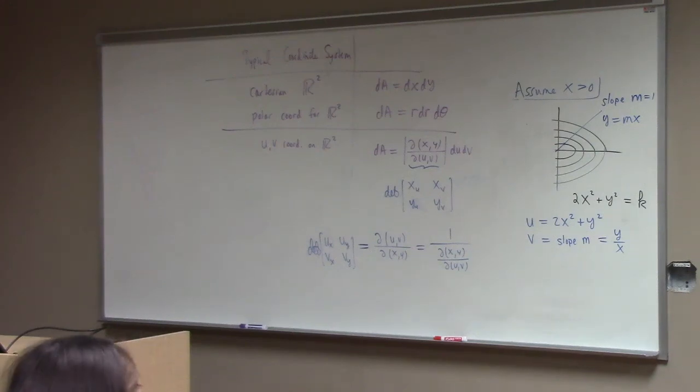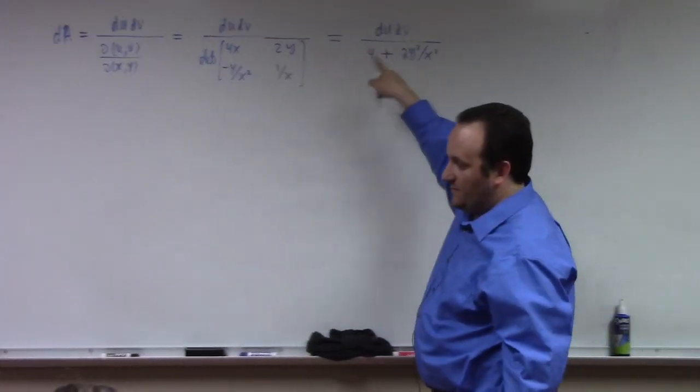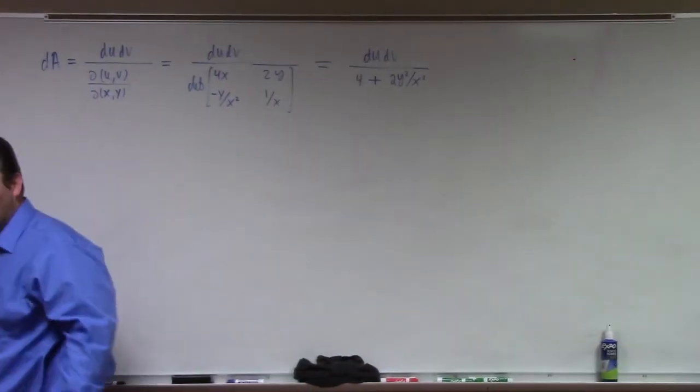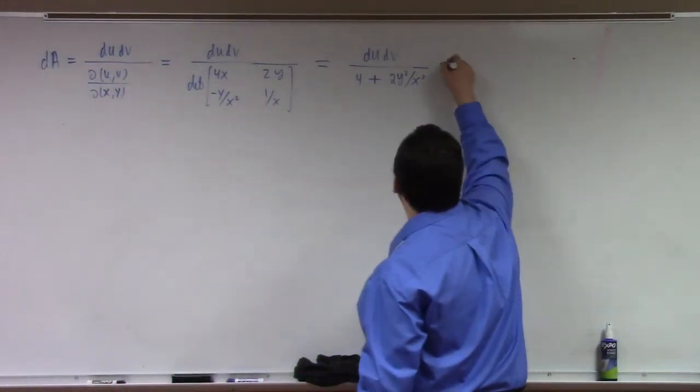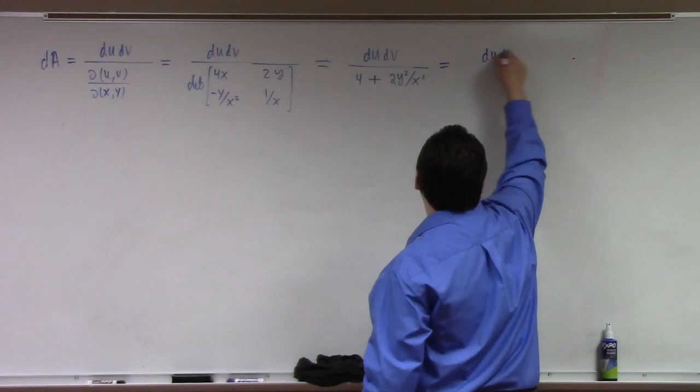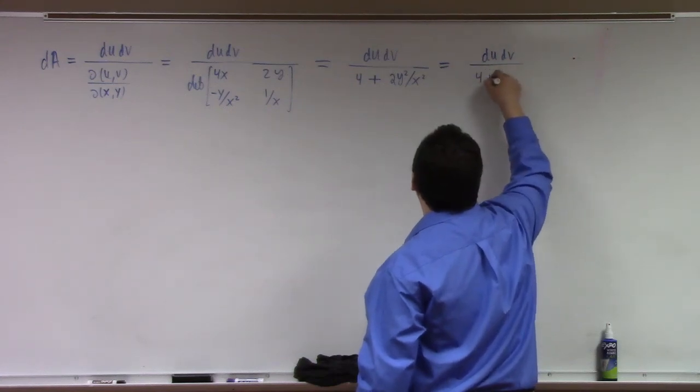Now here's a larger criticism: we'd like a formula just in terms of the uv coordinates, right? So this y and x are out of place. Can you tell me how to rewrite this? Yeah, that's just v squared, right? So this is actually du dv over 4 plus 2v squared.